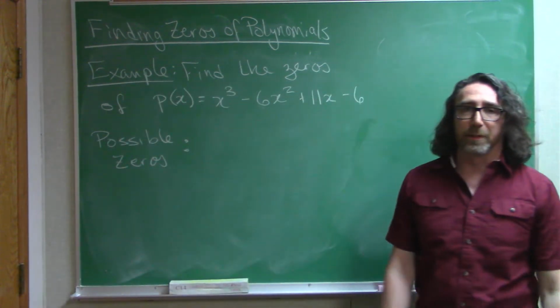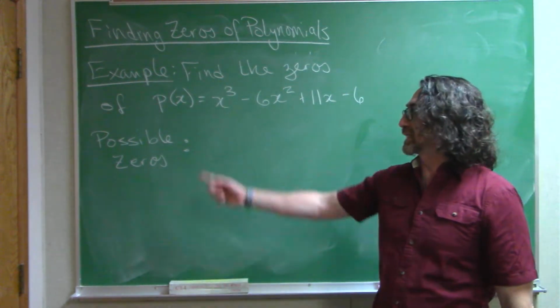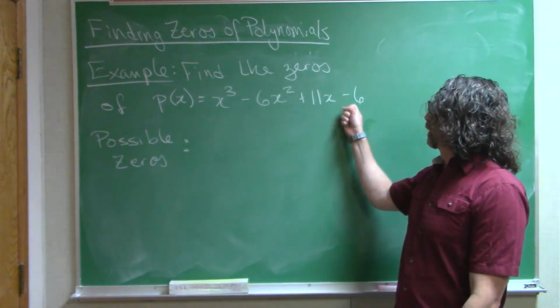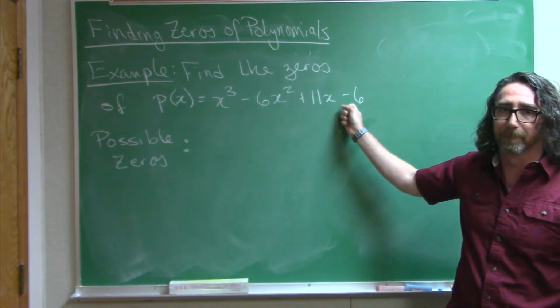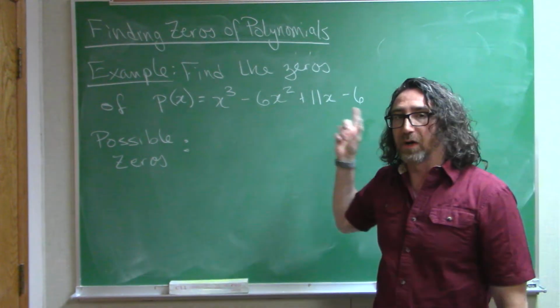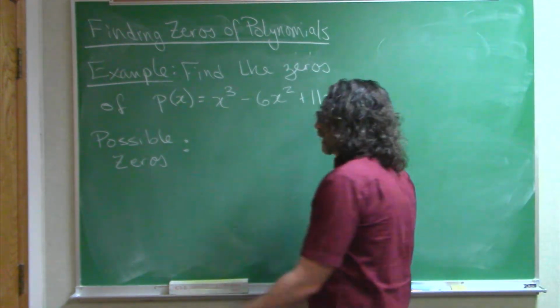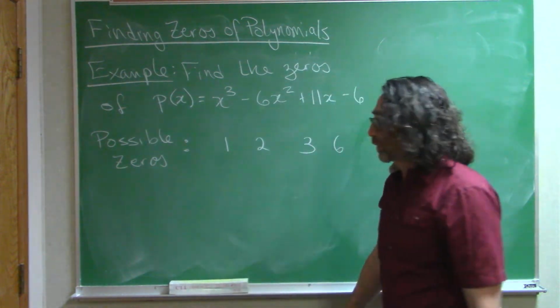I'll start out by making my list of numbers that could be zeros of this function. Just like the warm-up example, I focus my attention right there on that 6. Anything that divides 6 evenly could be a zero. Not too many things: 1, 2, 3, and 6 could be zeros.